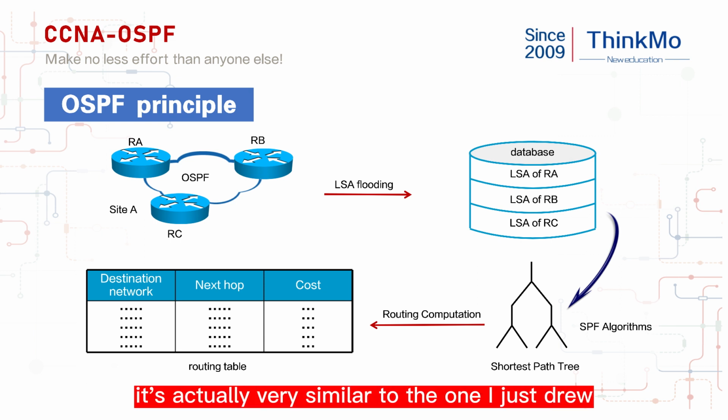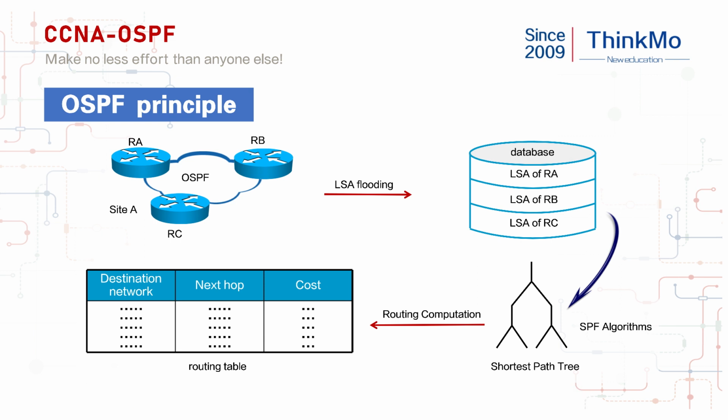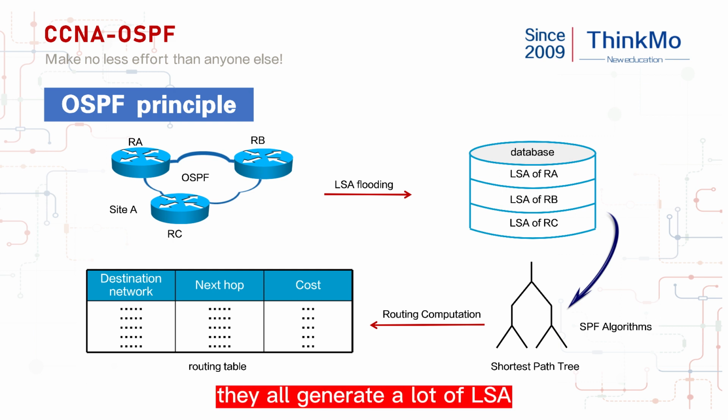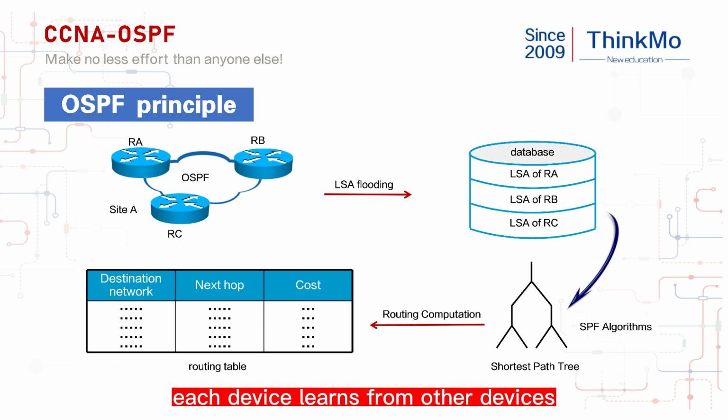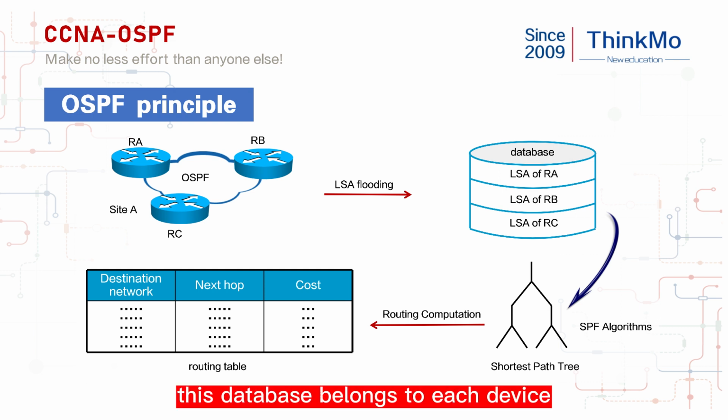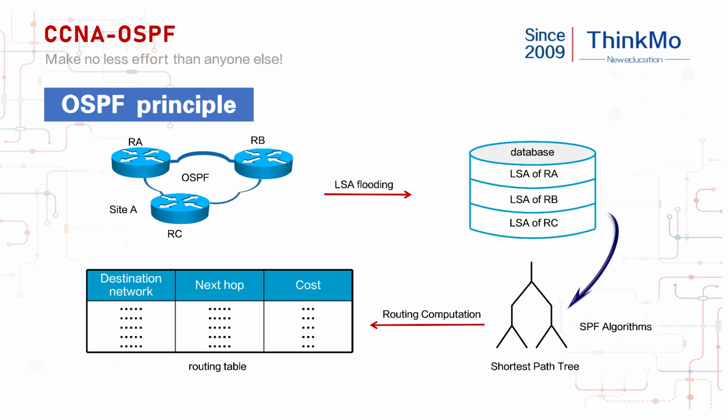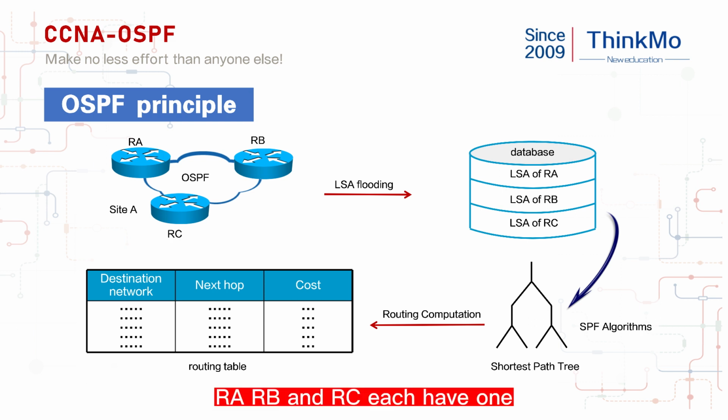It's actually very similar to the one I just drew. There are 3 devices. They all generate a lot of LSAs. So now each device floods to each other, and each device learns from other devices. It's called the database. This database belongs to each device, that is, RA, RB, and RC each have one.